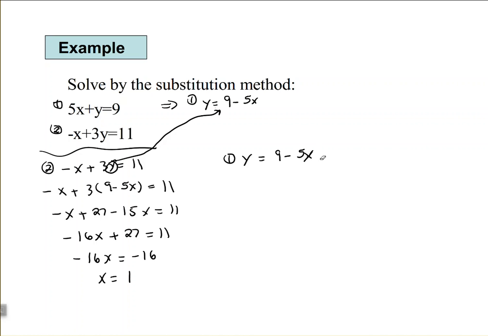Well, now I know the value of x because we just found it. x is equal to 1. So 9 minus 5 would give me 4. So the value of y is 4. So the ordered pair for the solution is 1, 4. And remember, you can check that by plugging that ordered pair back into each one of those equations and making sure that it makes a true statement in both of the equations.